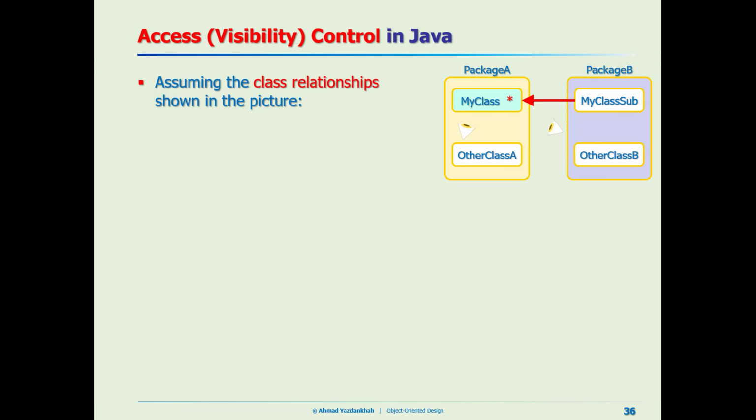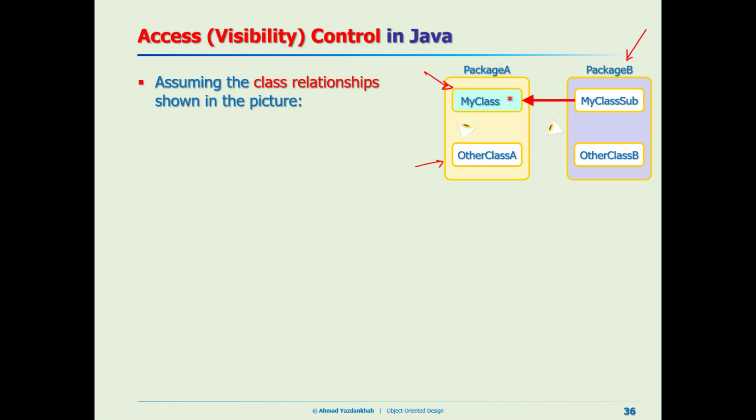Review whatever we know already, and then we will add this inheritance relationship that we just learned. Okay, so let's assume that we have one class here. Let's call it MyClass, and in the same package we have another class, A. In the new package B, we have MySub class.